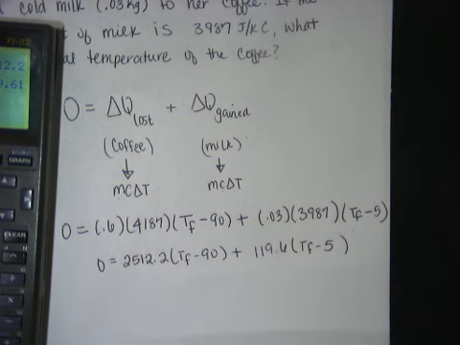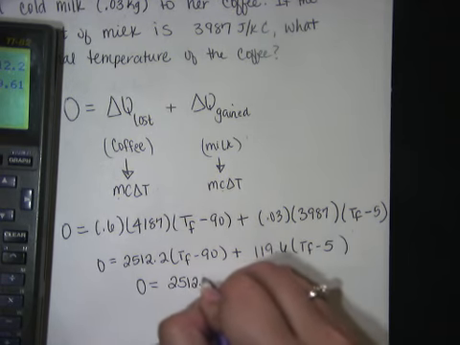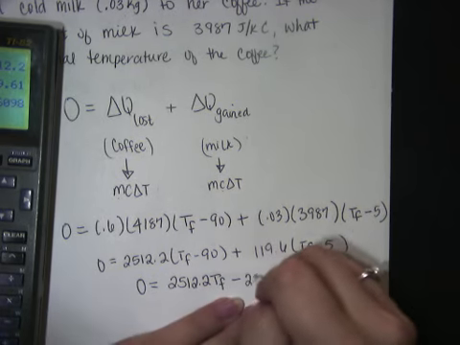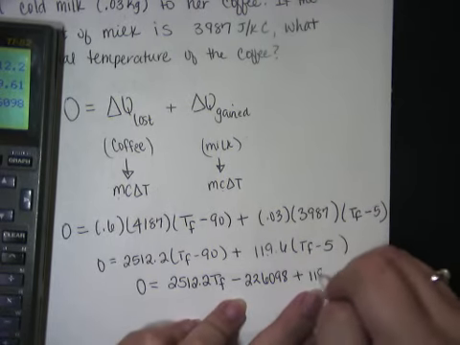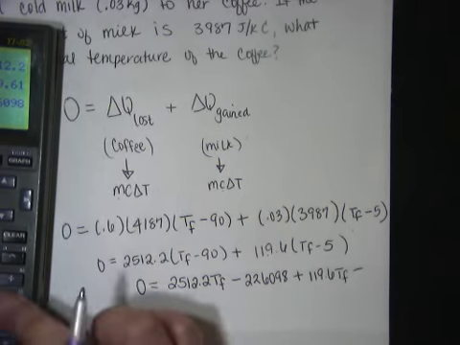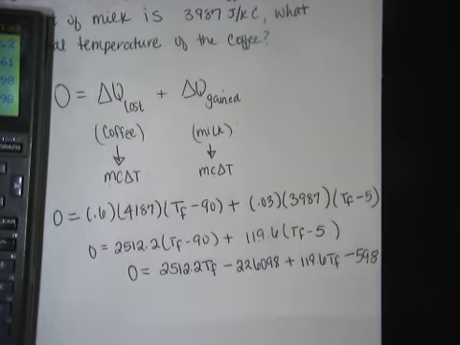Next thing I'm going to do is some distributing. Okay, I'm going to distribute this number into this parentheses and then this number into the other parentheses, and I'm going to rewrite my equation to simplify it a bit. Now I'm going to distribute the 119.6, and that's 598.